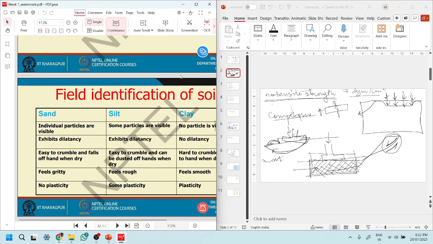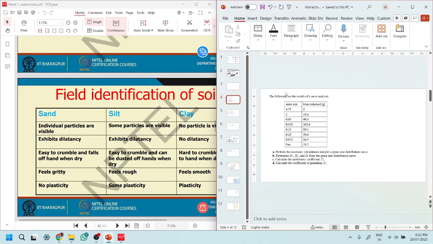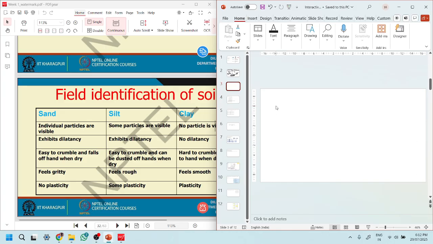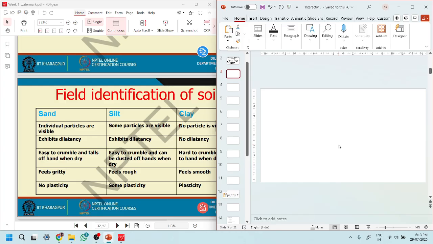brings us to index properties. Index properties are properties that you define for a soil to identify it.